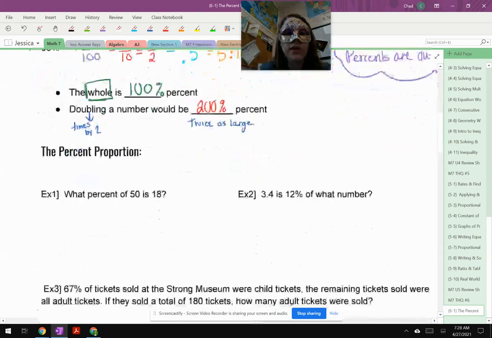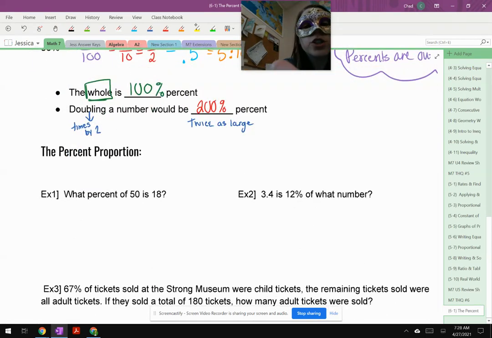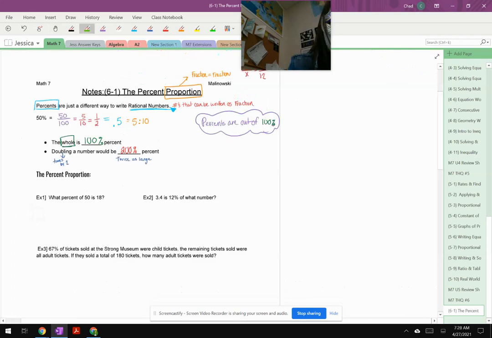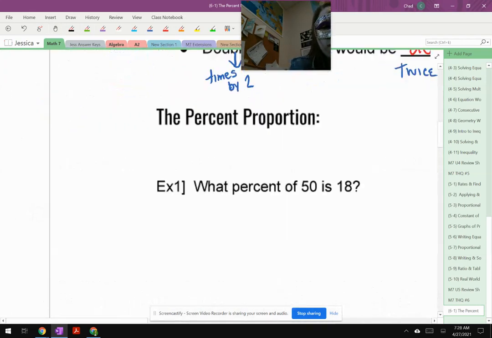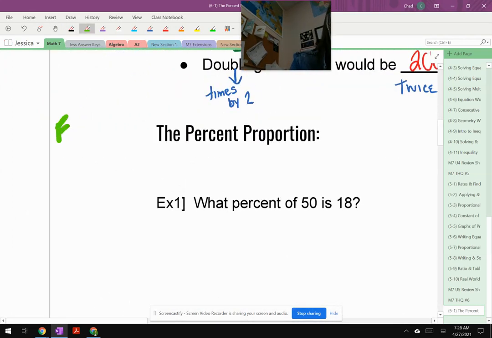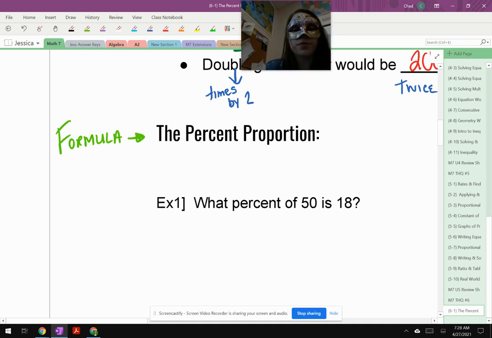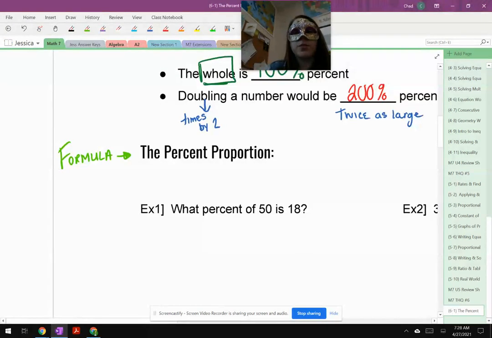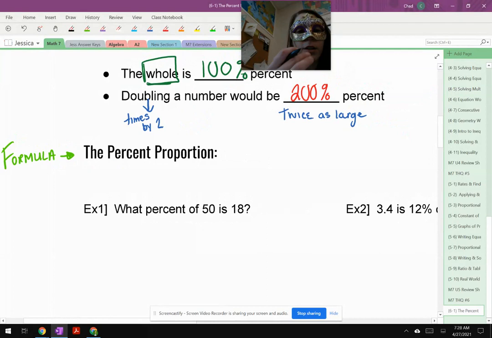Okay, and then next here, the percent proportion, which is the important thing. This is your formula for this lesson. The percent proportion, it's a proportion, so it's a fraction equal to a fraction.